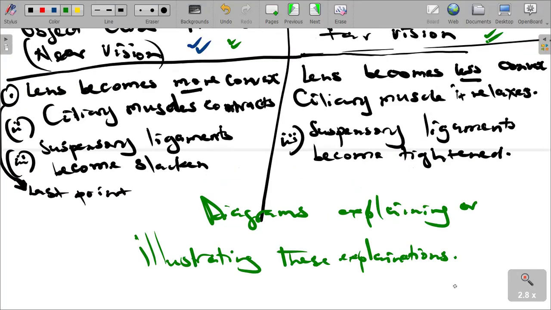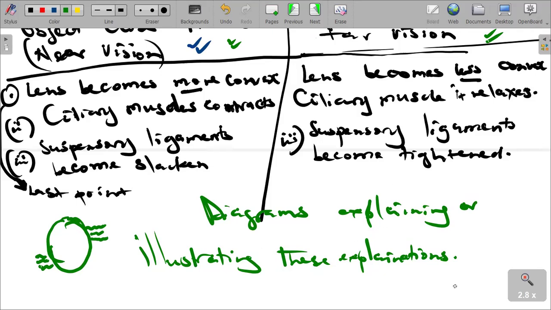When we are talking about near vision, you shall find that we talk about suspensory ligaments that are slackened, and then the lens is more convex.